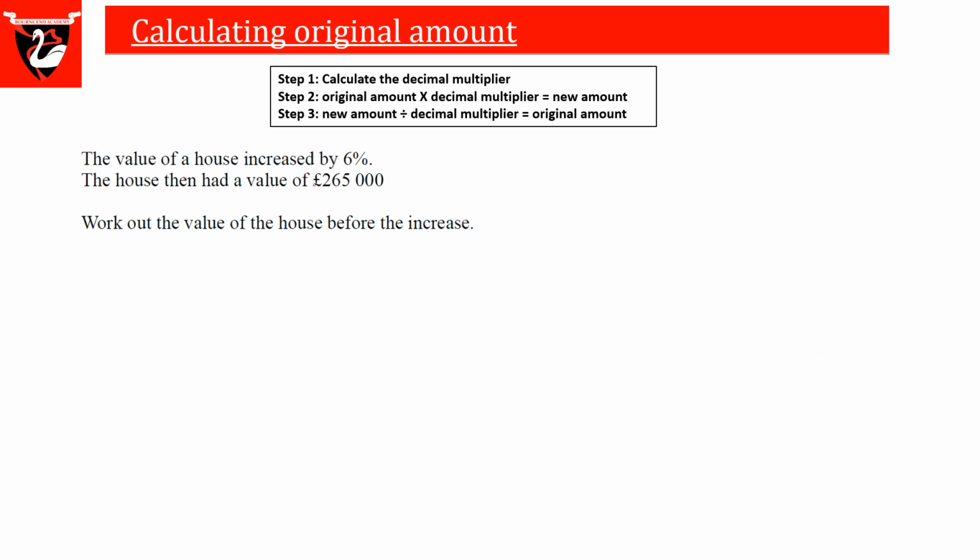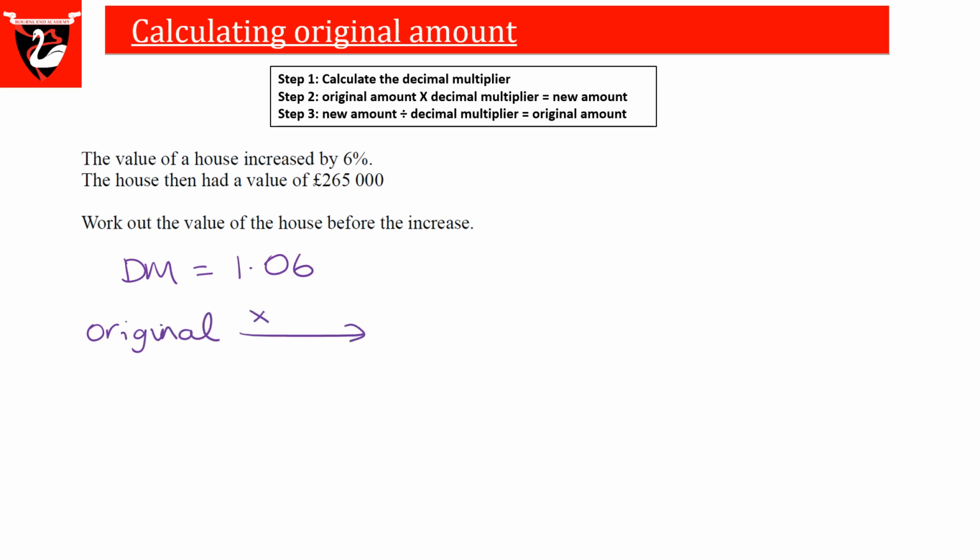We have another question here, a bit more of an exam style question. So we have the value of a house is increasing, and it then has a new value. We still do exactly the same thing. So our decimal multiplier on this equation is 1.06 because it's increased by 6%. We start with our original.